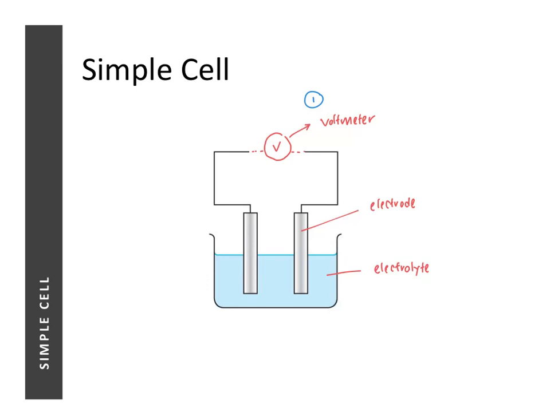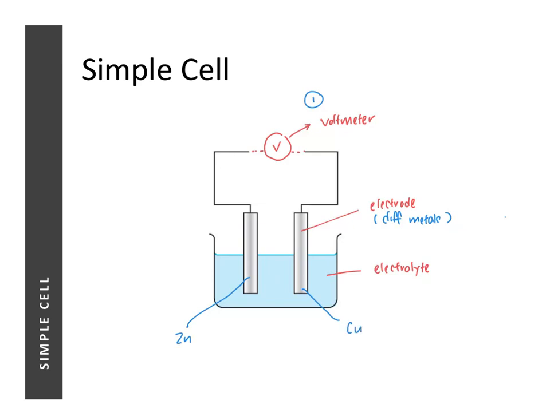But in a simple cell, the two electrodes are different metals. For example, one of them can be zinc, the other one can be copper.